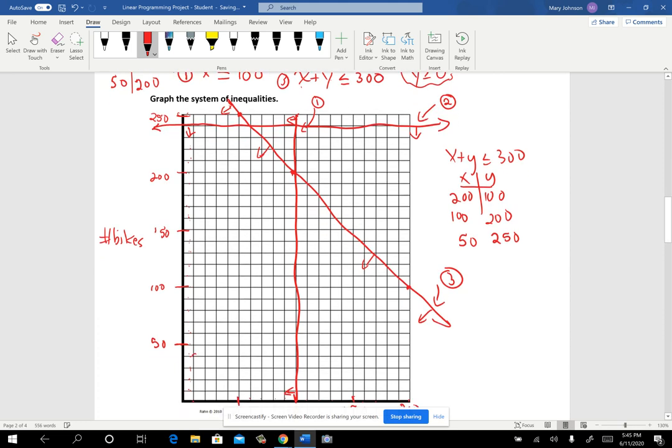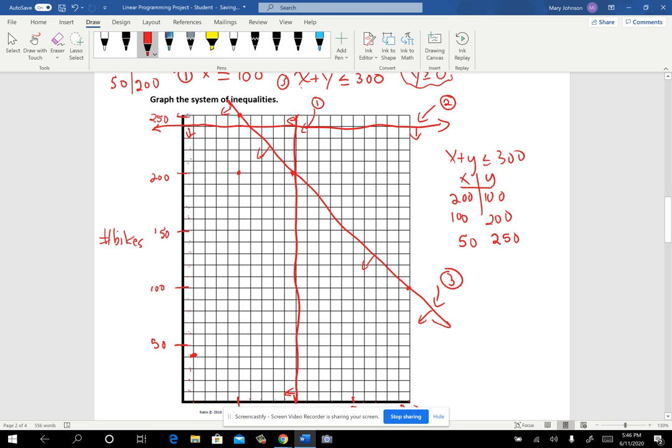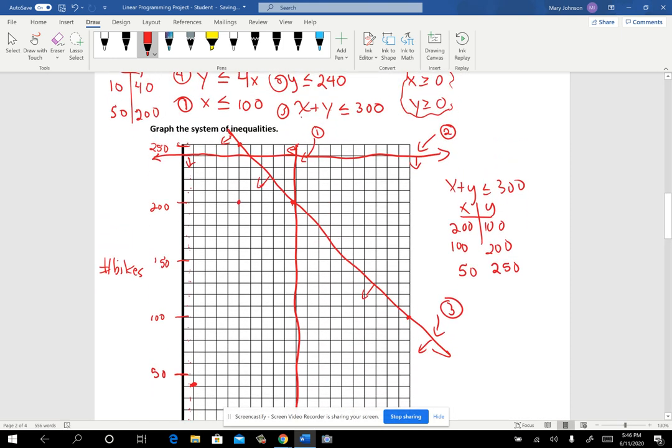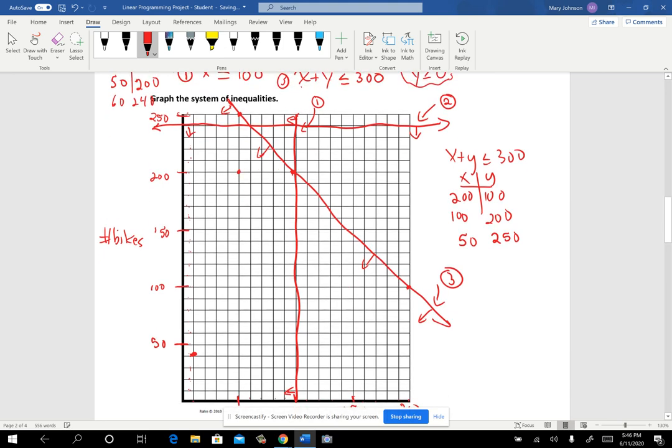So 10, 40, and then 50 and 200. Okay, and I might want to see what happens if I put, no, I couldn't even do that. If I put 60, that would be 240. So let's see where that is. 60 would hit at 240, should be right there. Okay. All right, so that's the fourth one.